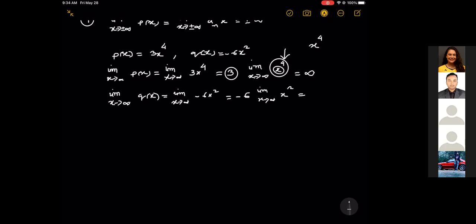But what happens with this negative sign? Can you imagine anything? Will it change it to negative infinity? Exactly. This negative sign will actually take you to negative infinity.